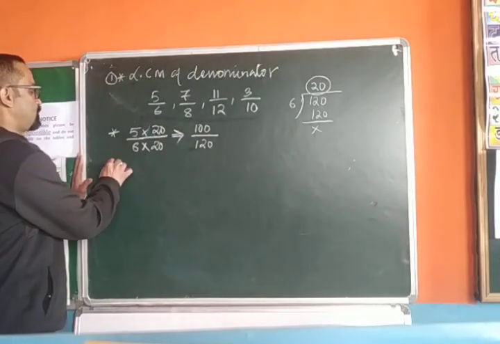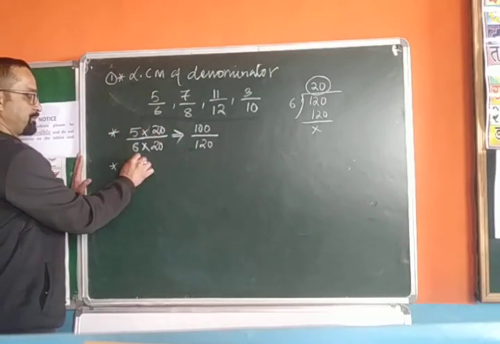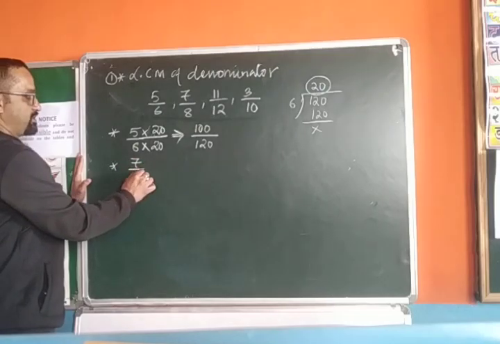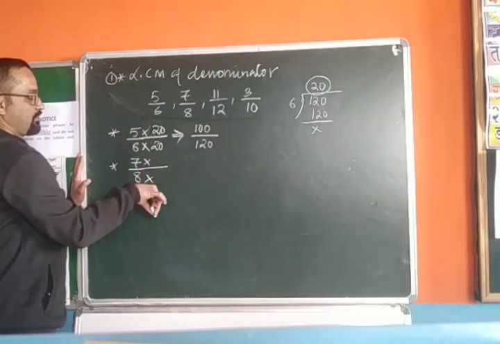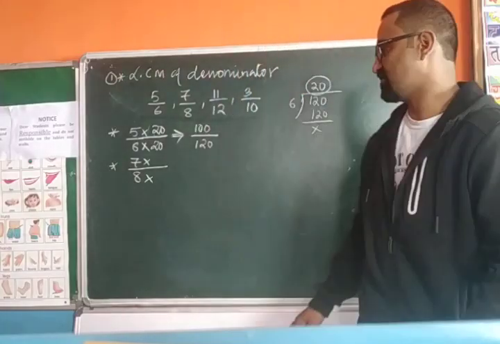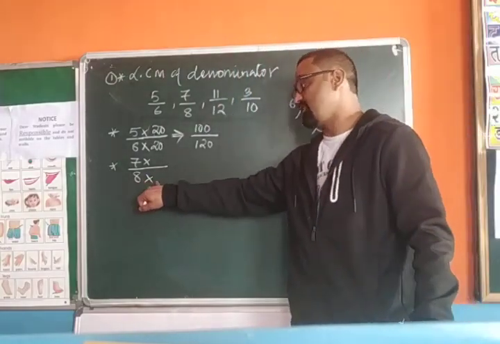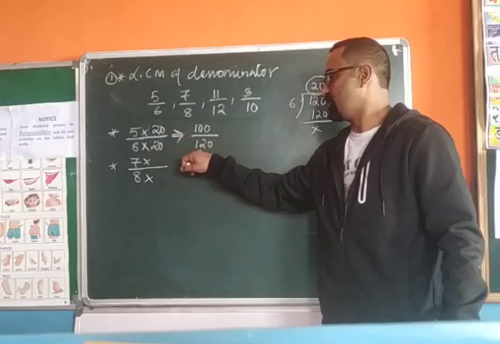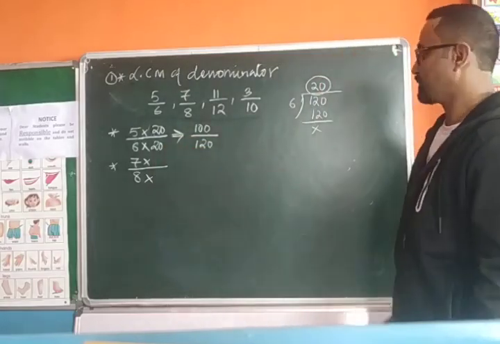Similarly, you write second fraction, 7 by 8. Find a suitable number such that by multiplication the denominator becomes 120.